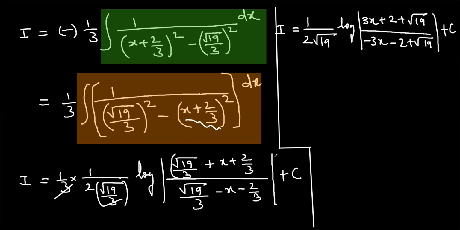The LCM for this is 3, so I will have 3 in the denominator here, and also 3 in the denominator here. So this is the final answer. I hope you have followed it. You can watch the whole solution once again and also write it.